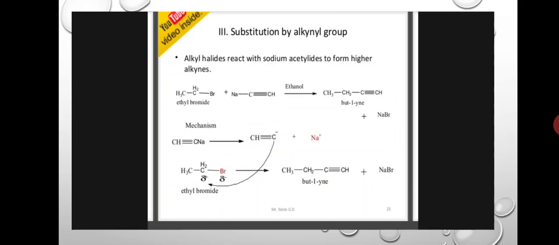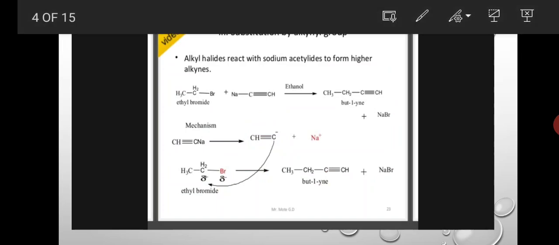Alkyl halides react with sodium acetylides to form higher alkynes. Here the alkyl halide is the same, ethyl bromide, CH3CH2Br, and we are taking sodium acetylide. Alkyl halide reacts with sodium acetylide to form higher alkynes. So here the halogen bromine is substituted by the alkynyl functional group and forms but-1-yne.